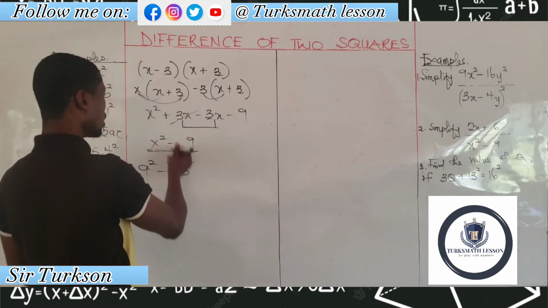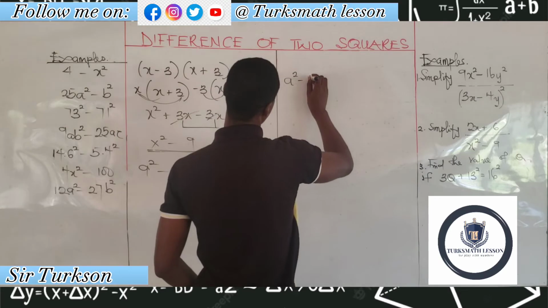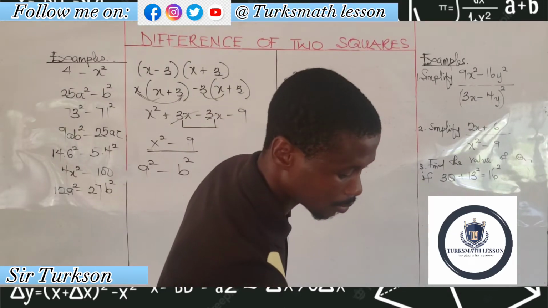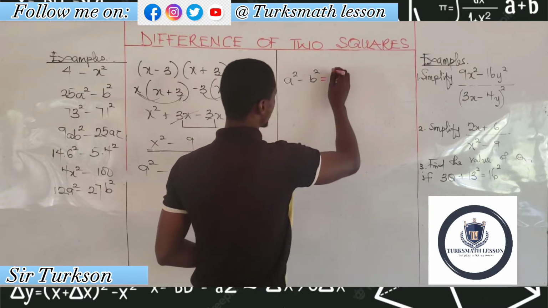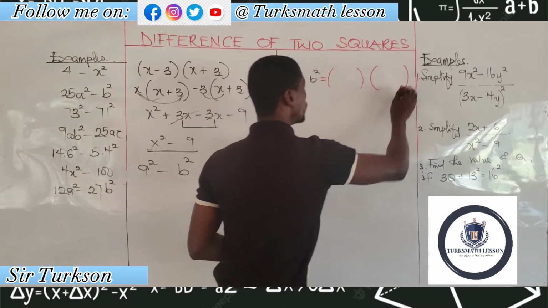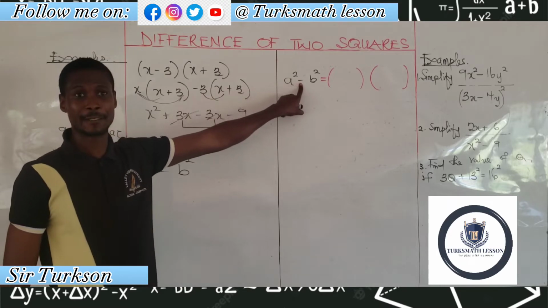Now, let's take this: a squared minus b squared equals. I'm going to factorize this by using how many brackets? Two brackets. And what sign is here?